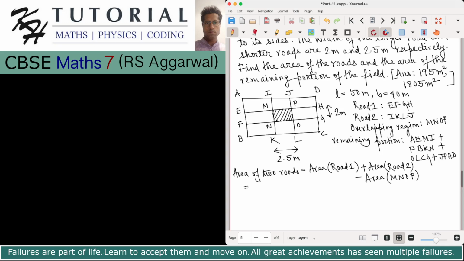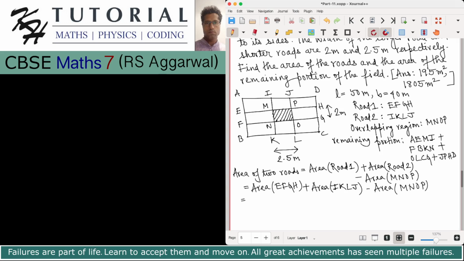This is equal to area. What is road 1? This is the rectangle EFGH plus area. What is road 2? It is the rectangle IKLJ, and we have minus area MNOP.